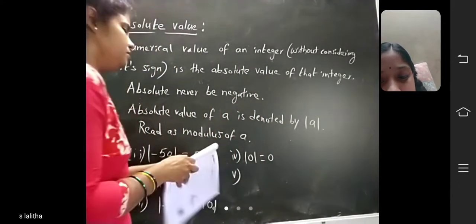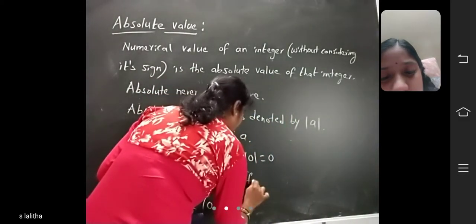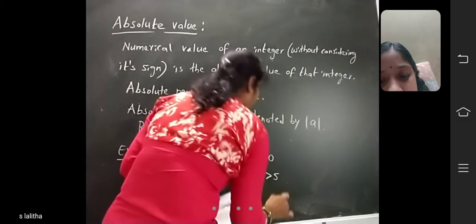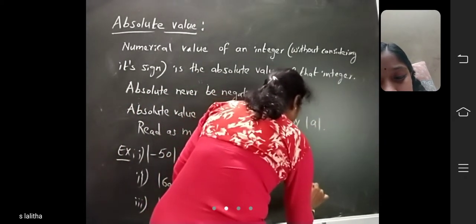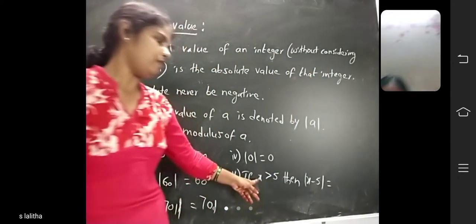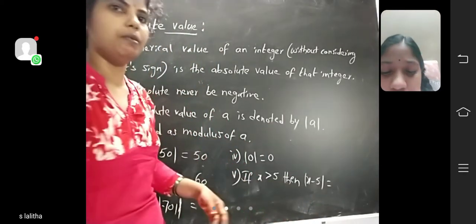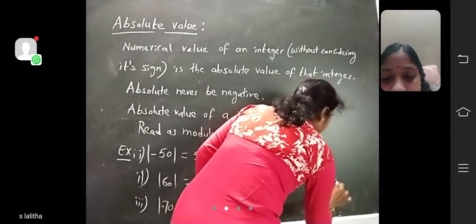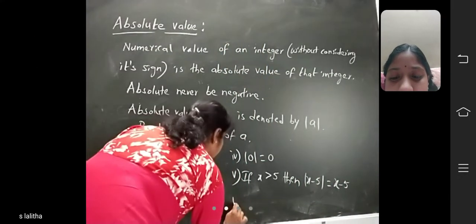Fifth example, if x is greater than 5, then what is the modulus of x minus 5? If x is greater than 5, the x value is greater than 5. So the modulus of x minus 5 is x minus 5 only. Okay. Next, sixth example.